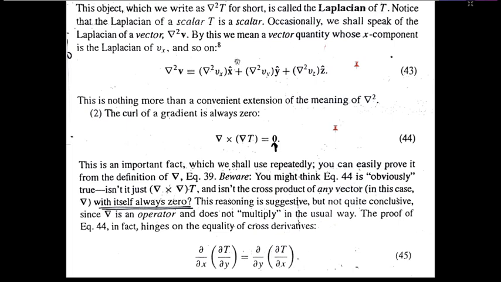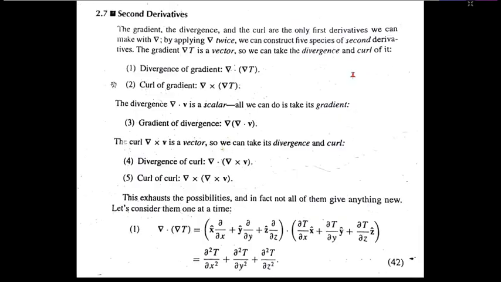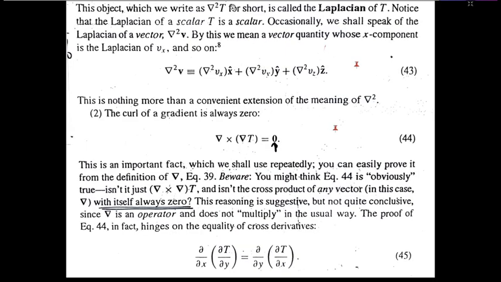That is option number 1 we have seen in the previous slide. That is a divergence of a gradient, del dot del t. So ultimately del and del dot product becomes del square. So this can be written as del square t, and that is also known as the Laplacian.